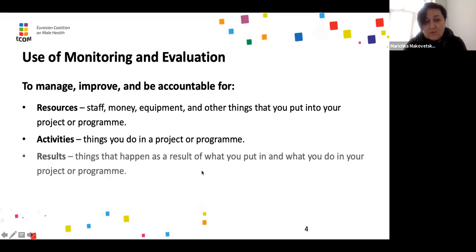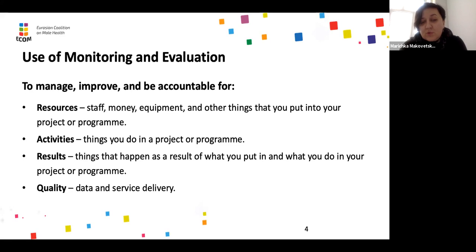Then we monitor results. This is your intention in your project or program or activities, what will happen as a result of your work. And the quality of data that you collect, and the quality of service that you deliver.